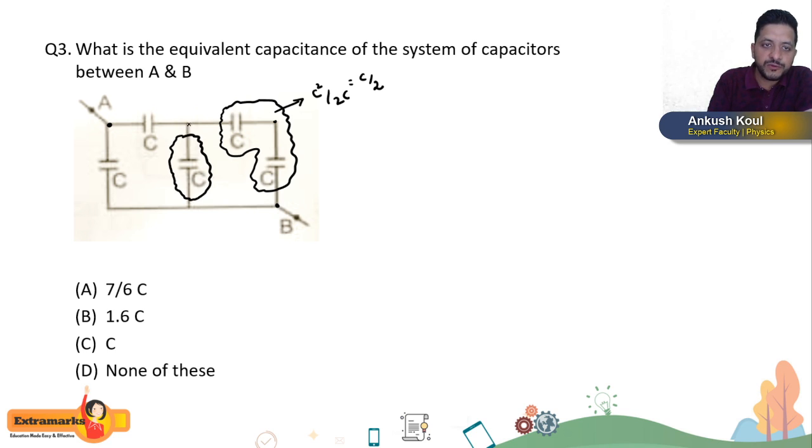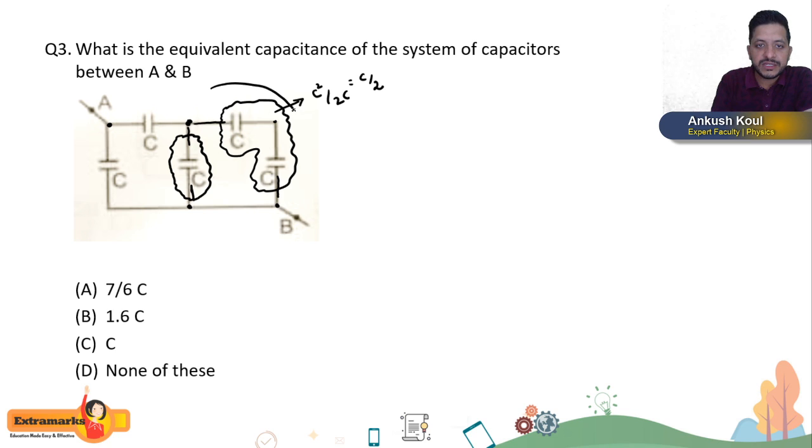This capacitor, if you look, these are the junctions of this capacitor, right? And if you look at this branch of the circuit, this branch is in parallel with this branch of the circuit. Why? Because they have common junctions.